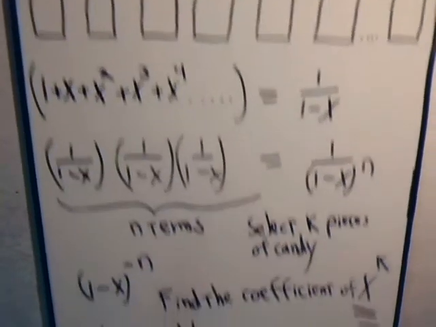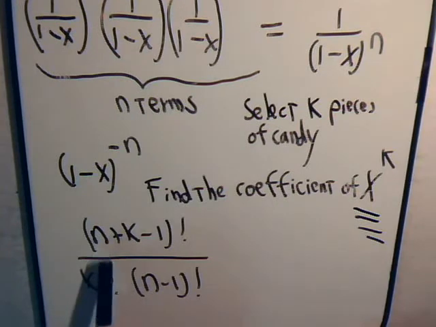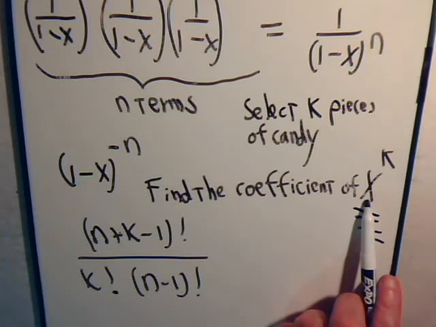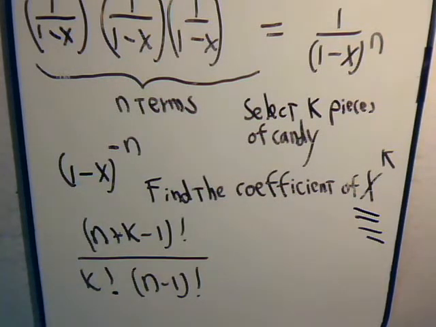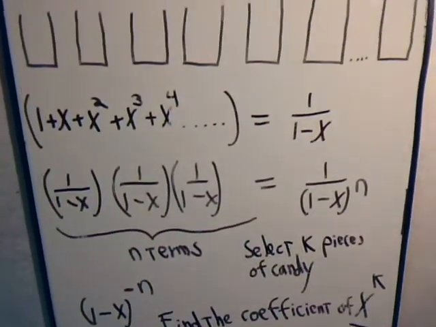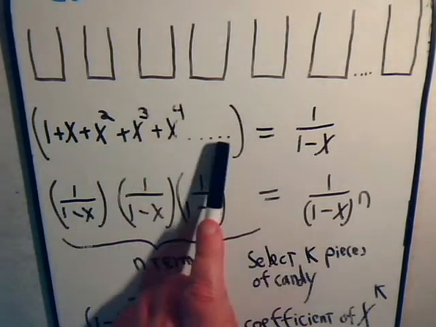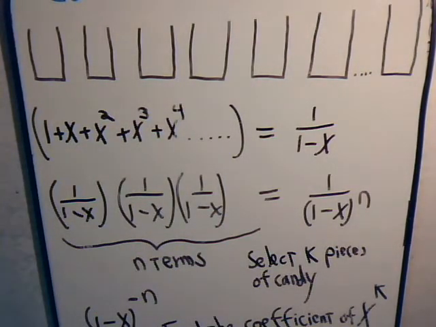The number of ways that you can do that is this formula, and once again, that formula that we derived in the previous video turns out to be the coefficient of x to the k in this function right here when we expand that out. So we get the same answer when we approach this problem from the viewpoint of generating functions.